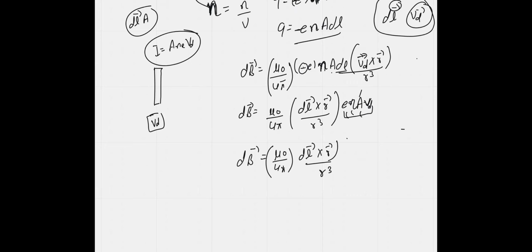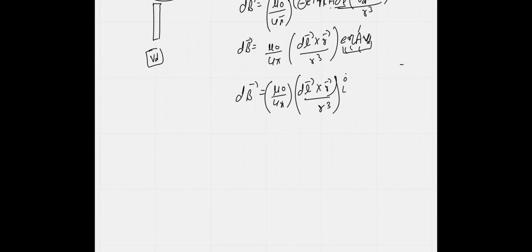At the end of the day, you have ideally two formulas, but this is just a way of deriving things. Direction. What is the direction? Direction is this. dl cross r.